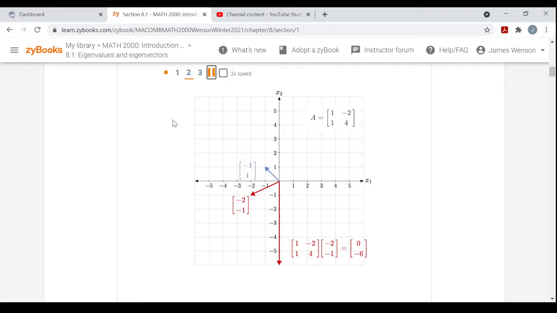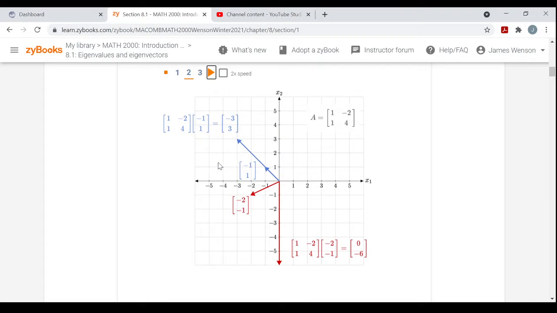Then they throw out another example. Here's -1, 1. Look what happens when they multiply A by -1, 1. They get -3, 3, which is just 3 times that original vector. So the vector -1, 1 is an eigenvector of matrix A. When I multiply by A, I get just a scalar multiple of that vector back.